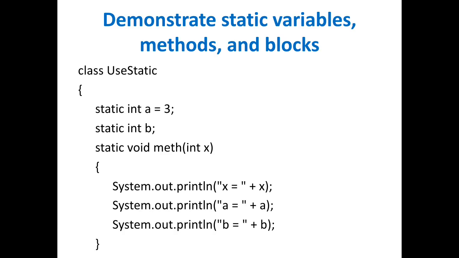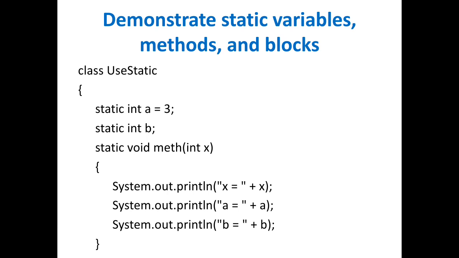Next, we have a program to demonstrate static variables, methods and blocks. Here the class name is useStatic. Inside the class we have the static integer variable a, which has the value 3.